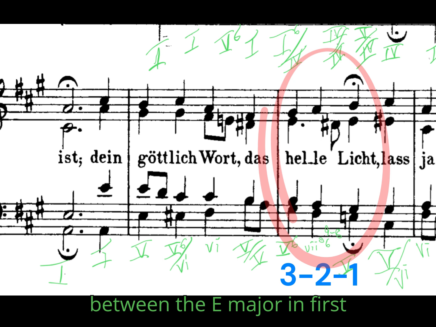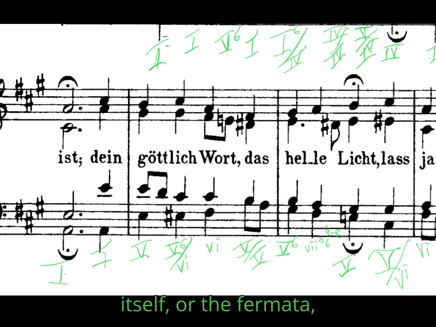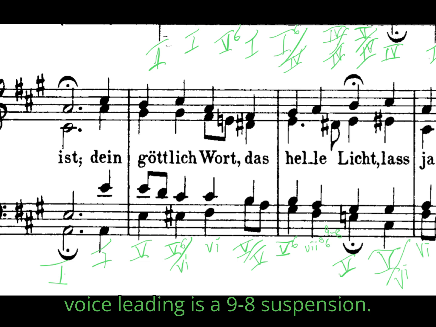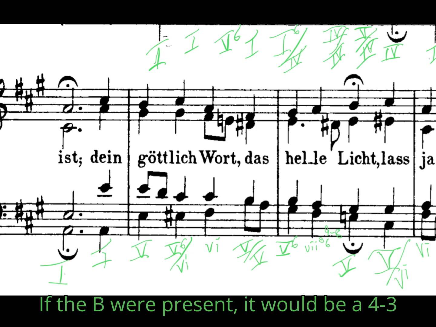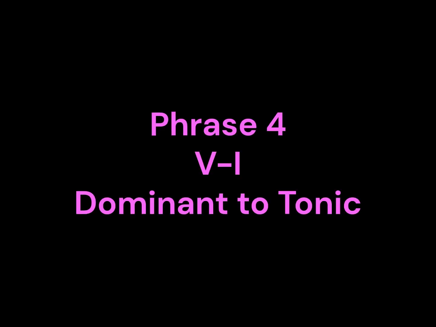In between the E major in first inversion and the cadence itself, or the fermata, a 7 diminished chord in first inversion is used. This looks like a B7 chord without its root B, and the voice leading is a 9/8 suspension. If the B were present, it would be a 4/3 suspension.